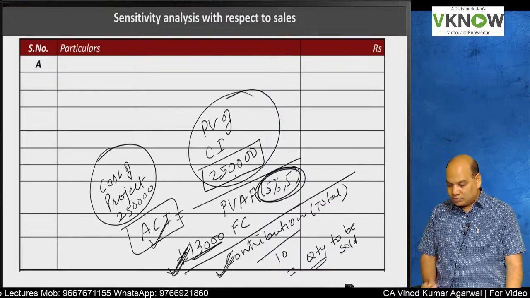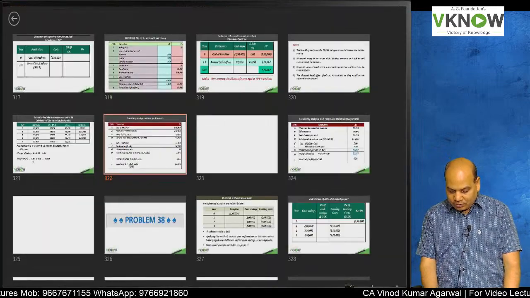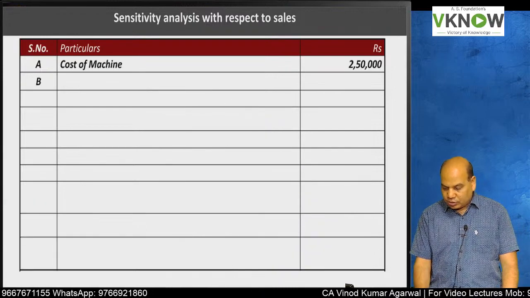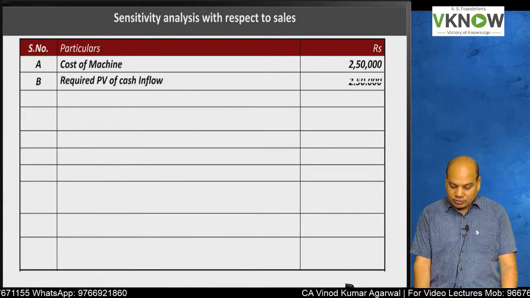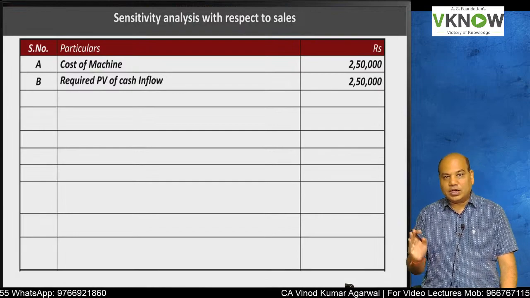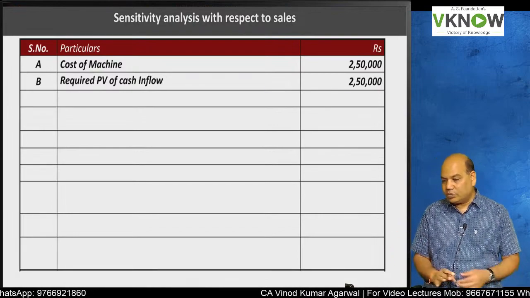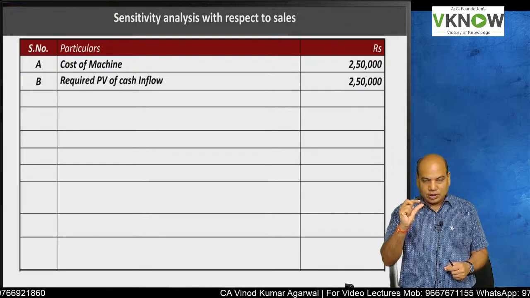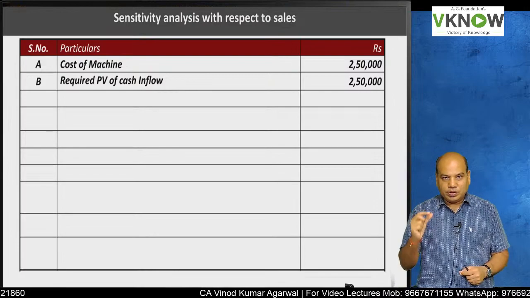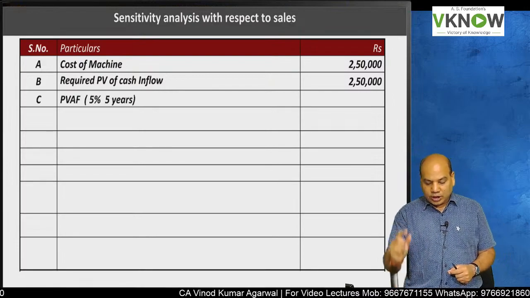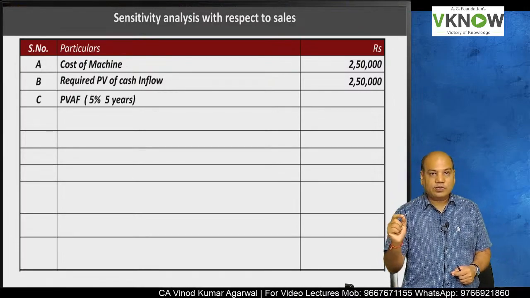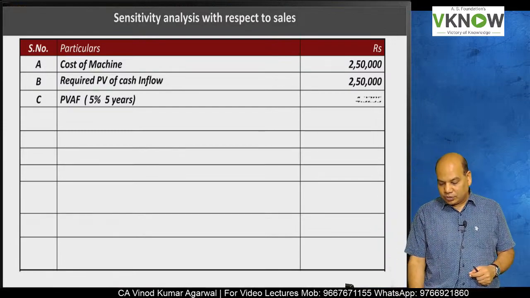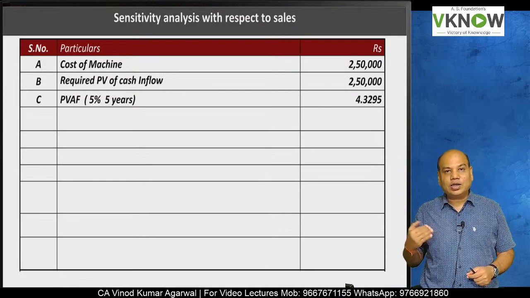So I have to do reverse working. Reverse working means start from 2,50,000. Cost of the machine is 2,50,000. Required PV of cash inflow is 2,50,000. Is this understandable? If A is equal to B and NPV is equal to 0, to get the inflow 2,50,000, I need to divide by the annuity factor, so that I will get annual cash inflow.